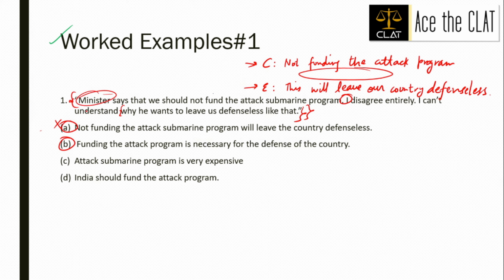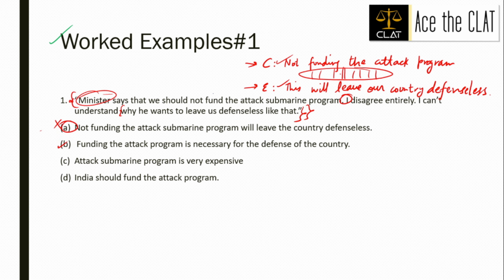Because his claim was the minister does not want to fund the attack program. Evidence given is this will leave our country defenseless. If funding the attack program is not necessary for the defense of the country, why would the author be unhappy with the minister, right? This option pretty much fills the gap we have in this argument, right? So that is why this is our correct answer.